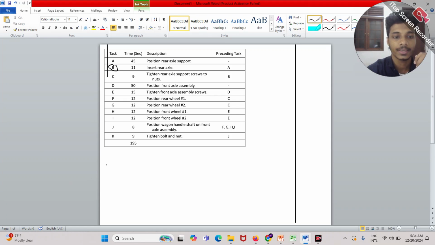Think about it: if you are making some garment item or cloth, you are following tasks, finishing that, and making all those things.